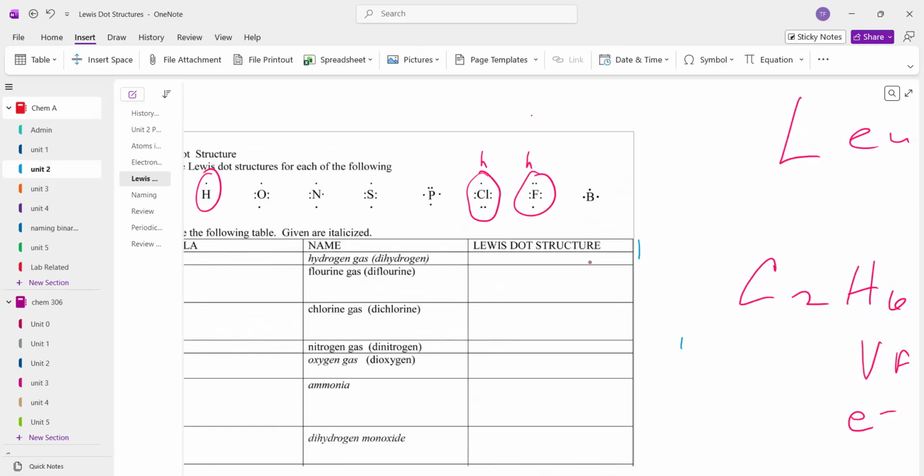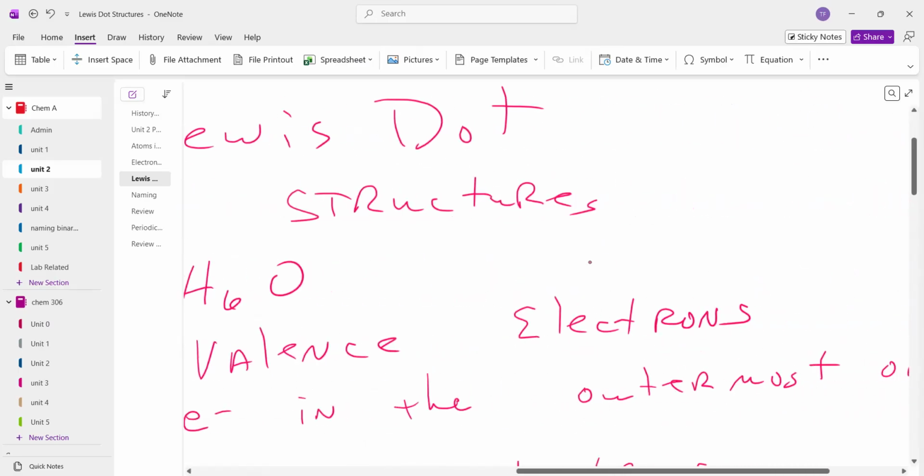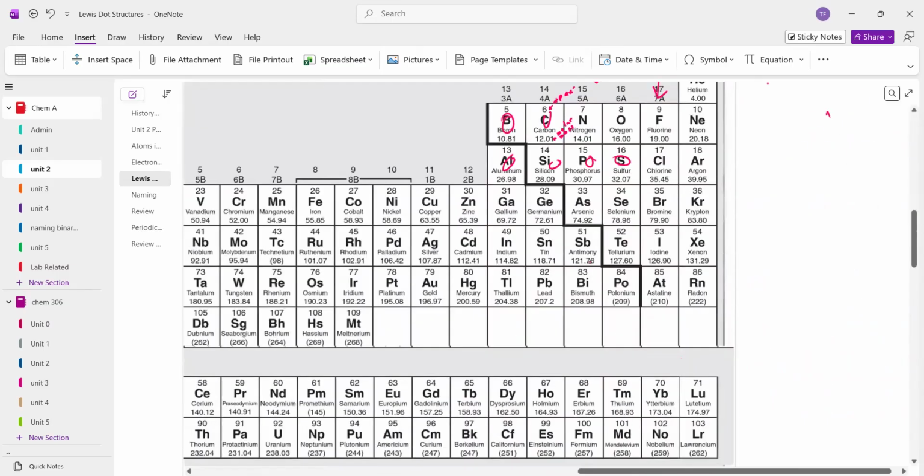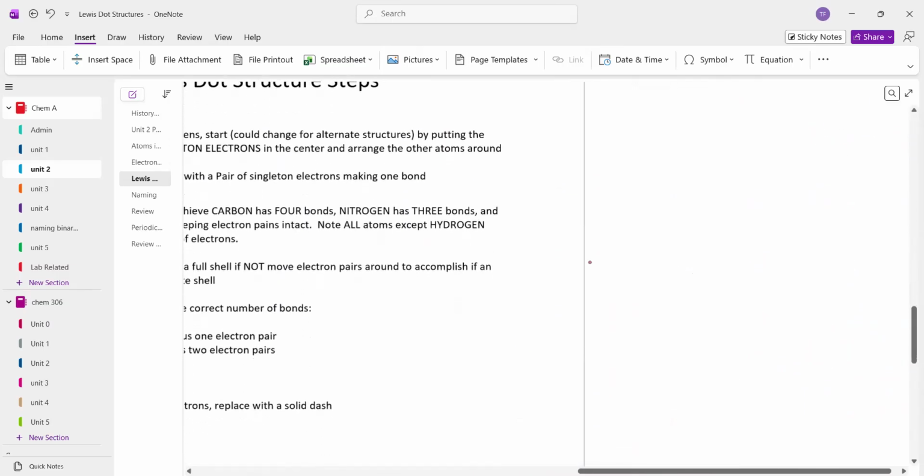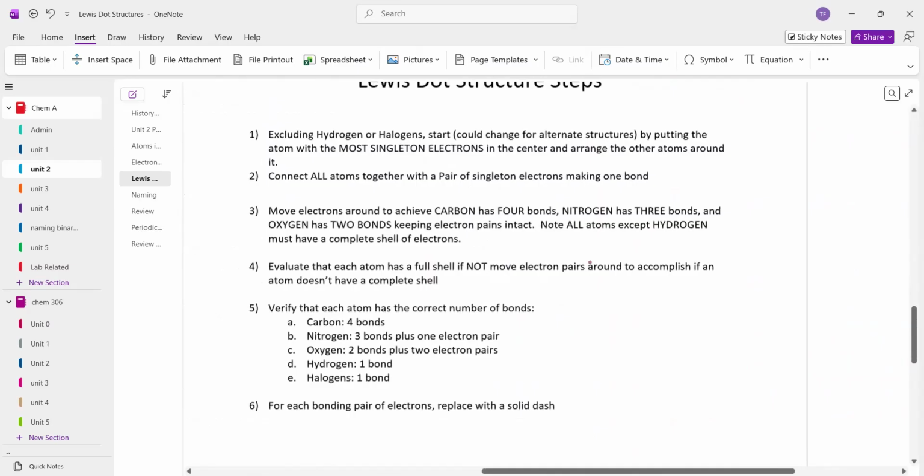Okay, so let's go back to the rules now here. That's why I said excluding halogens and hydrogen. Start by putting the atom with the most singleton electrons in the center and arrange other atoms around it. Step number 2, connect everything with a pair of singleton electrons, making one bond.